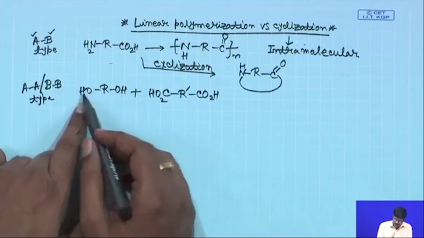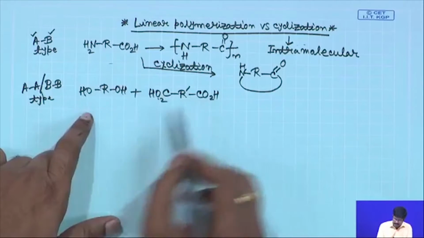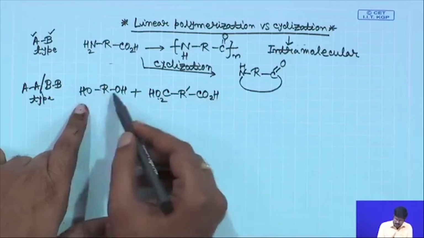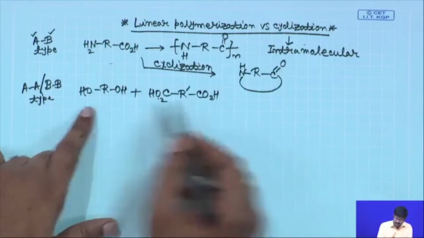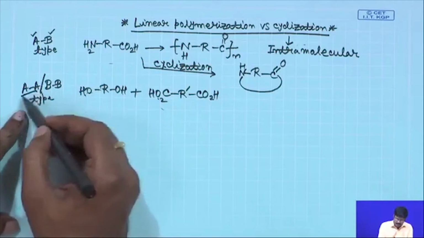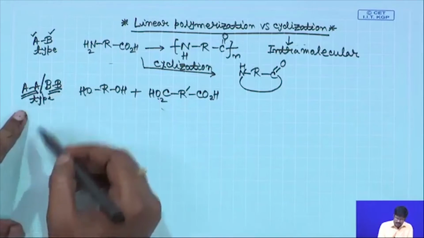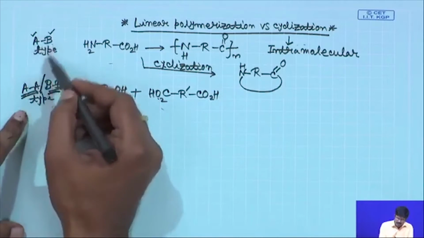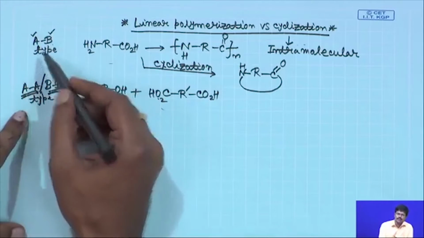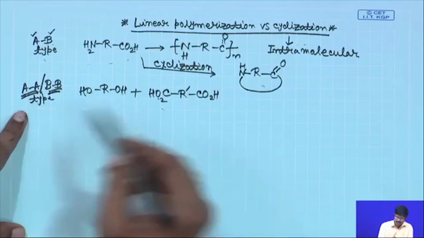Now, when you have a diol and a diacid, they typically won't cyclize intramolecularly. I mean, in a way, if you have an AA and BB type of monomer, in the monomer stage they may not cyclize. Instead, if you have an AB type of monomer, in the monomer stage they could cyclize like this in the monomer stage itself.